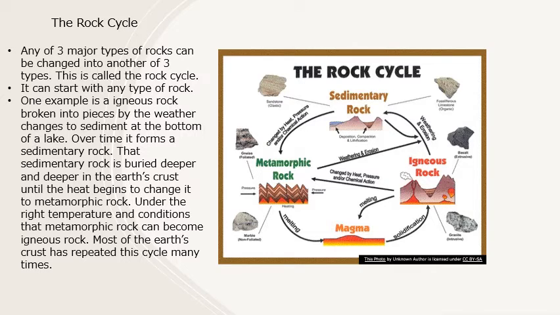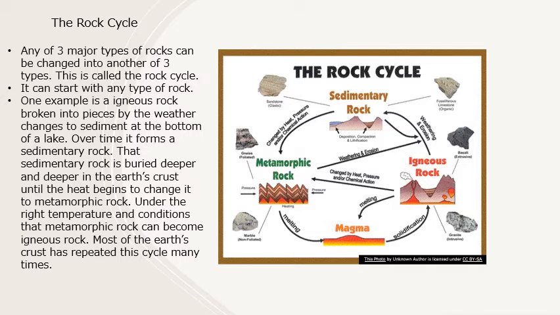So now we're going to talk about the rock cycle. Remember, I was telling you that all rocks can become other rocks. When we think of rocks, we think of something that really doesn't change very much.